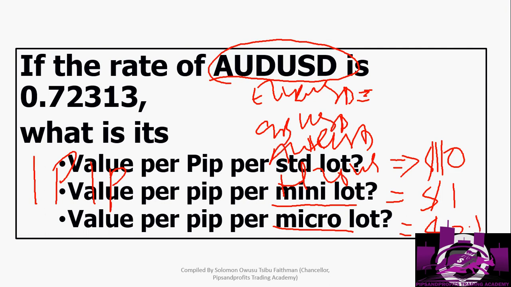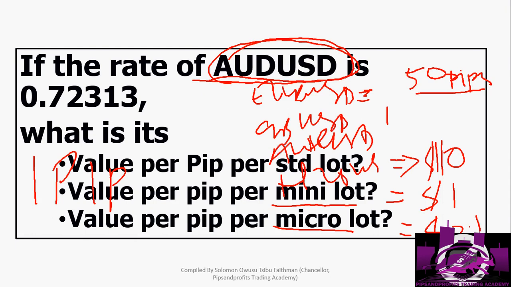Okay, so if you are with me, for instance, if I'm trading AUD USD, and my take profit is, let's say, 50 pips, and I trade 1 lot size, so 1 standard lot.